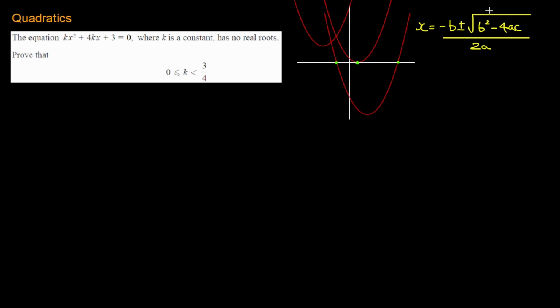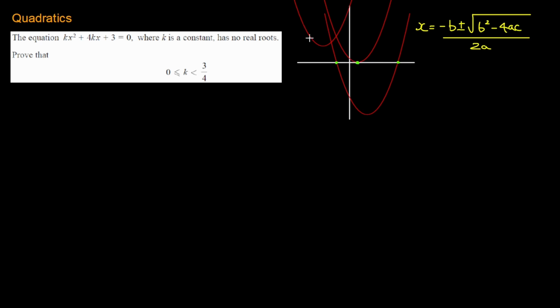If b squared minus 4ac is above 0, then the square root is possible and we get two answers from it, a positive answer and a negative answer. If b squared minus 4ac is 0, then plus or minus makes no difference. We will get the same answer, and that's the occasion where the curve just touches the axis.